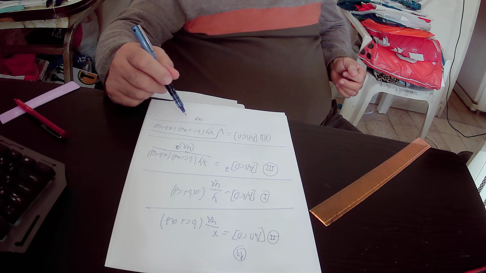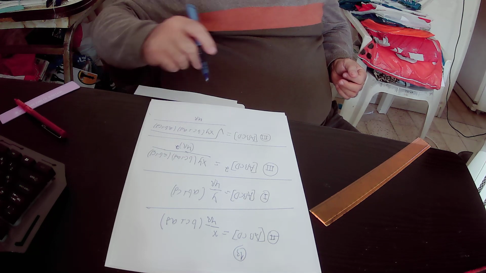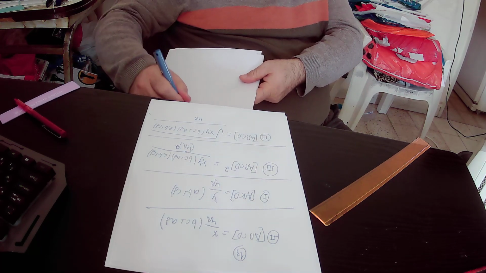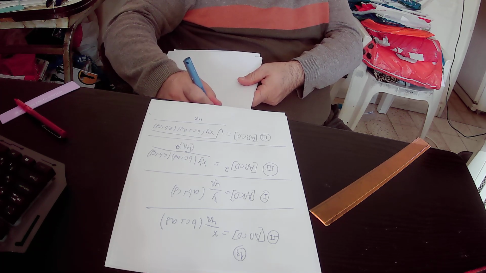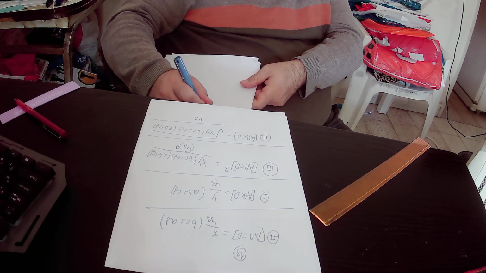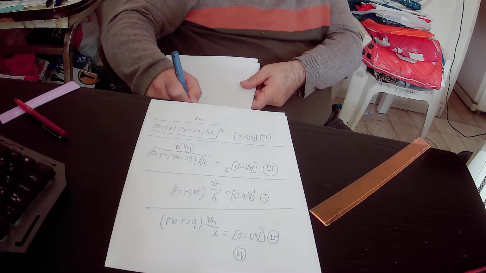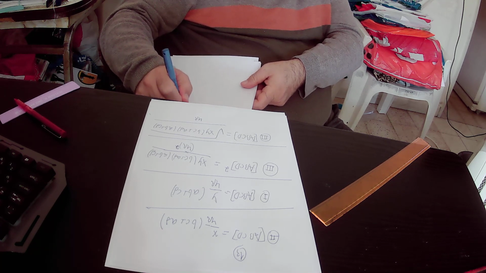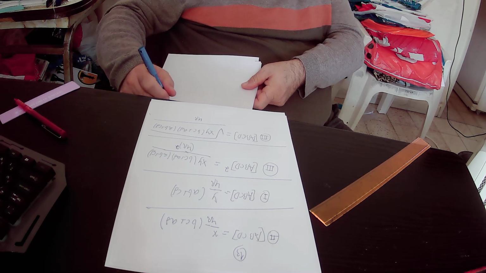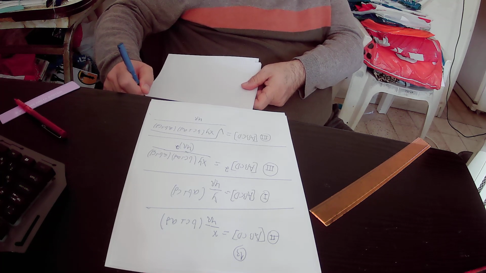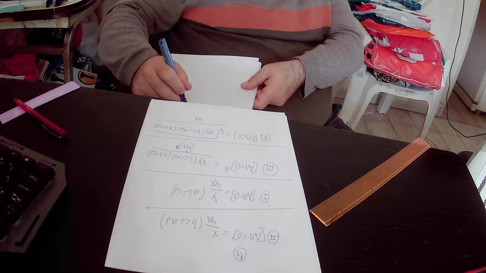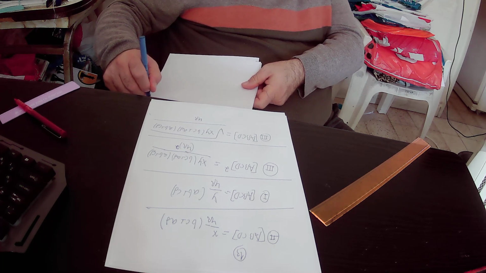Okay, so here we will multiply equation number 3 by r, and we will get that, according to equation number 3, r times the area of quadrilateral ABCD will be equal to the root of xy, BC plus AD times AB plus CD, all divided by 4.